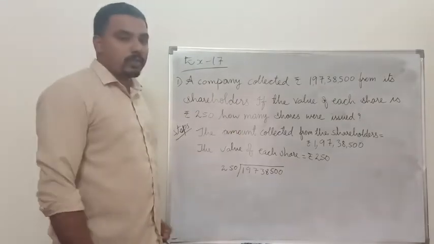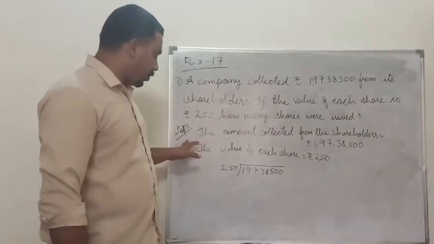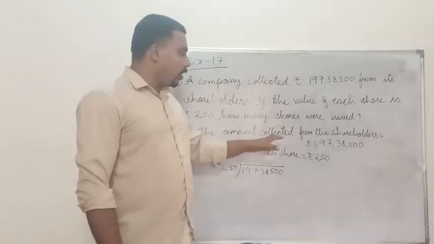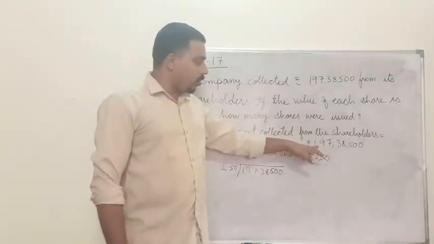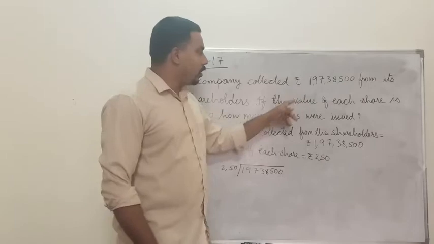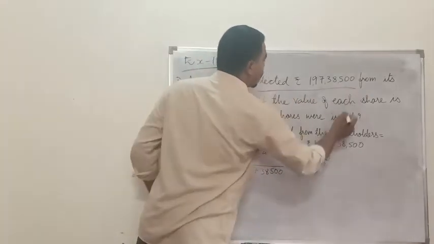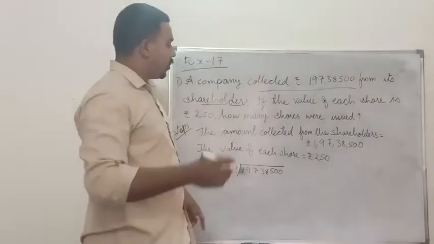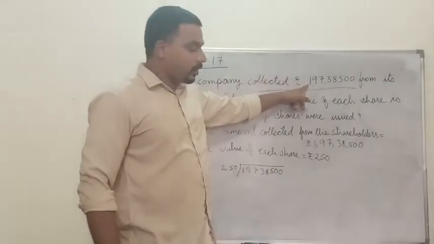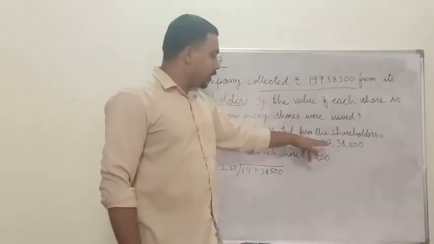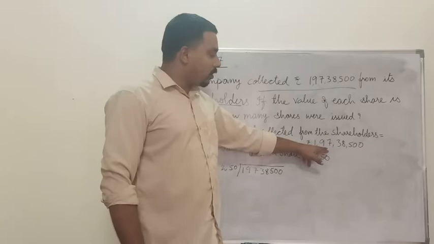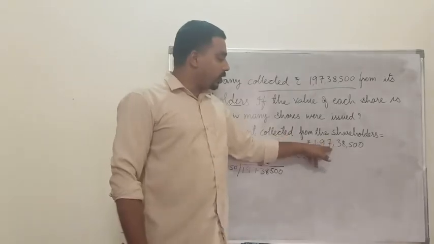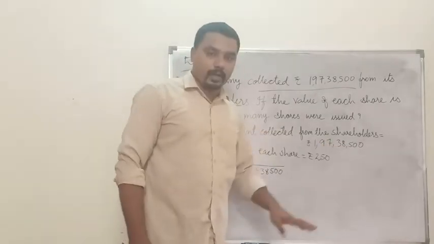I read the question 2-3 times to get the steps. So the steps are: the amount collected from the shareholders, rupees 1 crore 97 lakh 38,500.